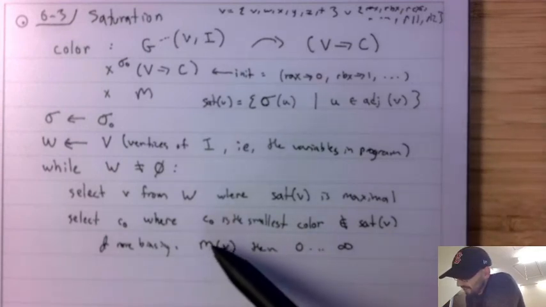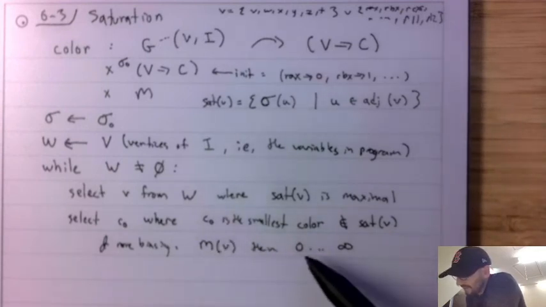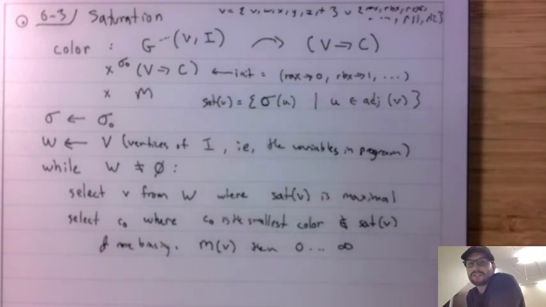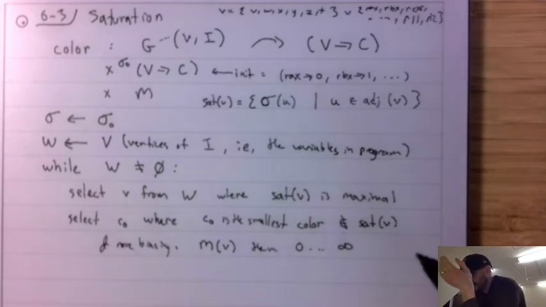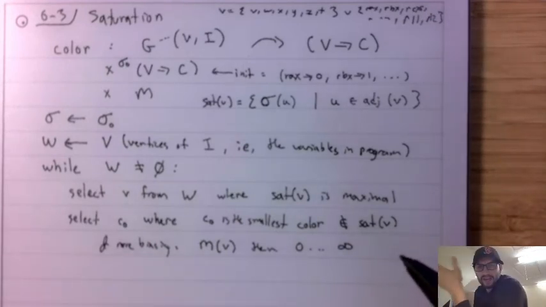And then once you look through all of the things that are in the move graph, then you look at 0, 1, 2, 3, 4, 5, etc., and infinity. And this will finish, and the reason it'll finish, of course, is because there are a finite number of vertices, and we know that we can color any graph by using a number of colors equal to the number of vertices.